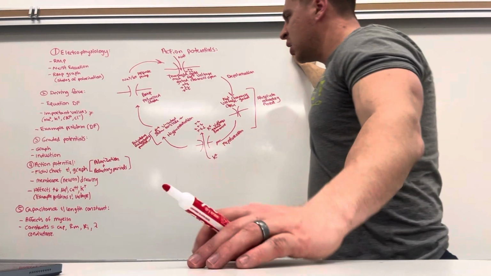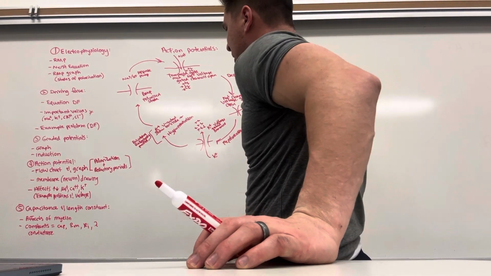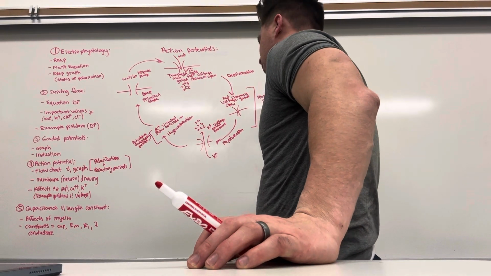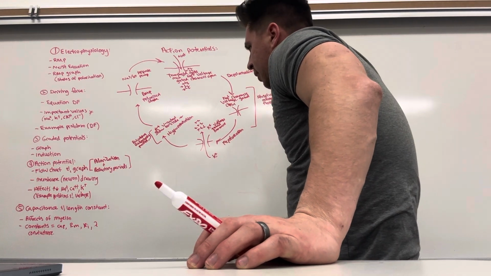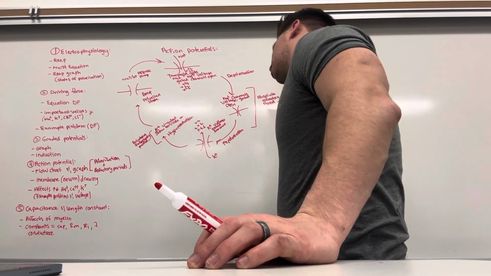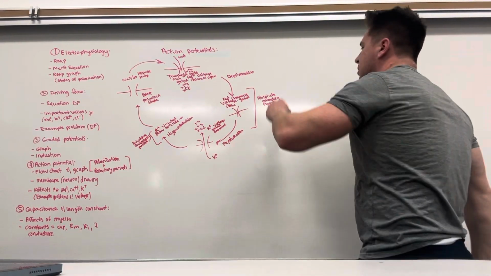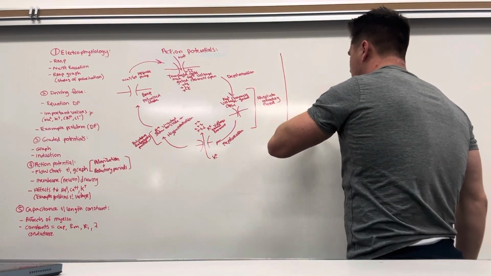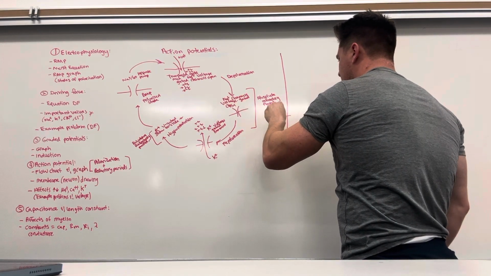Okay, so I guess I can graph this out and go over the polarized, repolarized states and things like that. So really quick, in comparison to that flow chart, you have negative 70 millivolts, right?